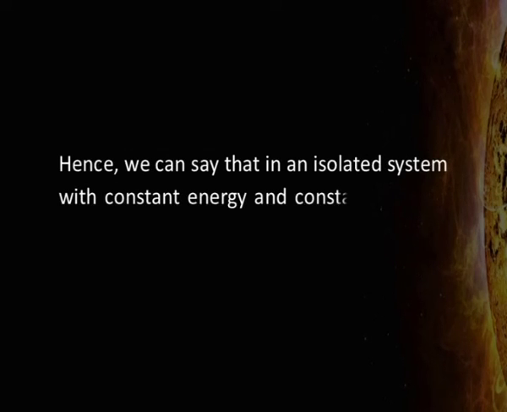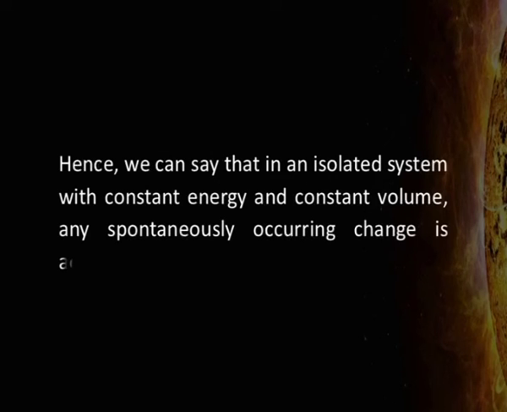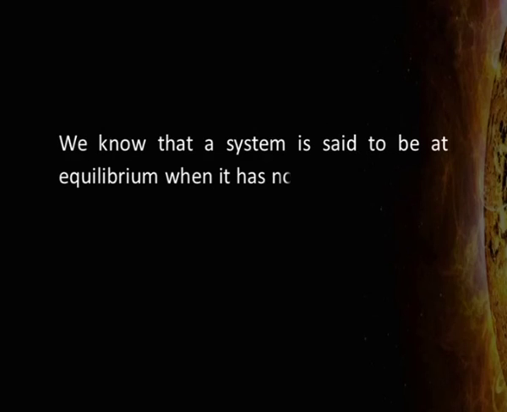Hence, we can say that in an isolated system with constant energy and constant volume, any spontaneously occurring change is accompanied by increase in entropy. Now, we know that a system is said to be at equilibrium when it has no further tendency to change its properties.